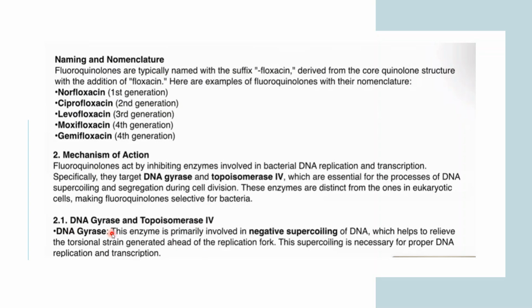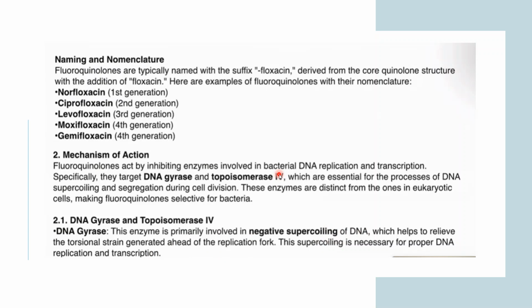DNA gyrase is primarily involved in negative supercoiling of DNA, which helps to relieve the torsional strain generated ahead of the replication fork. We discussed supercoiling in week 2, I think, where I covered transcription, translation of DNA and supercoiling.